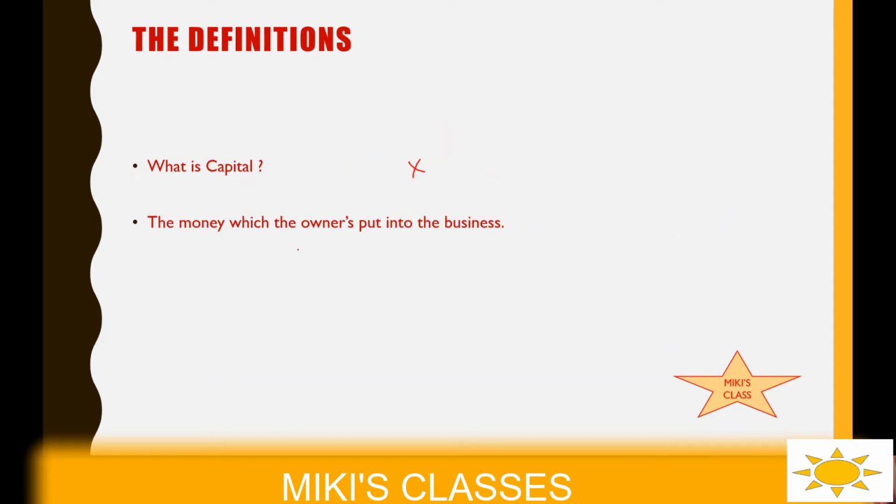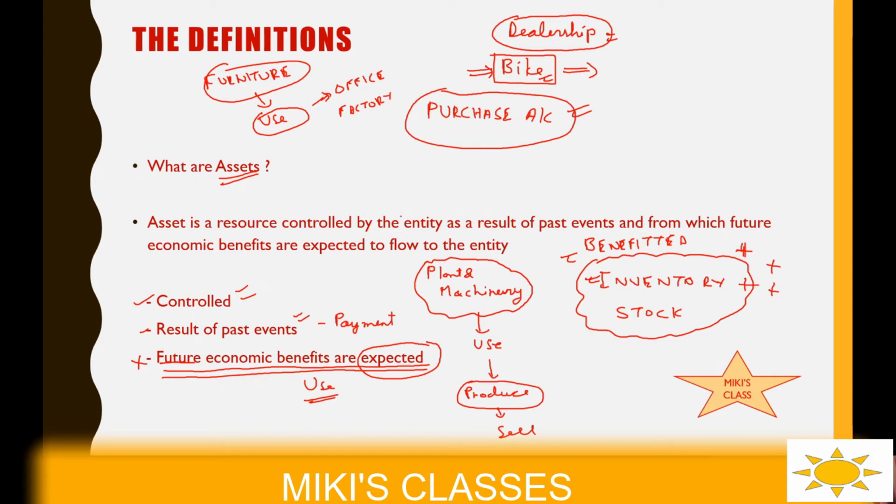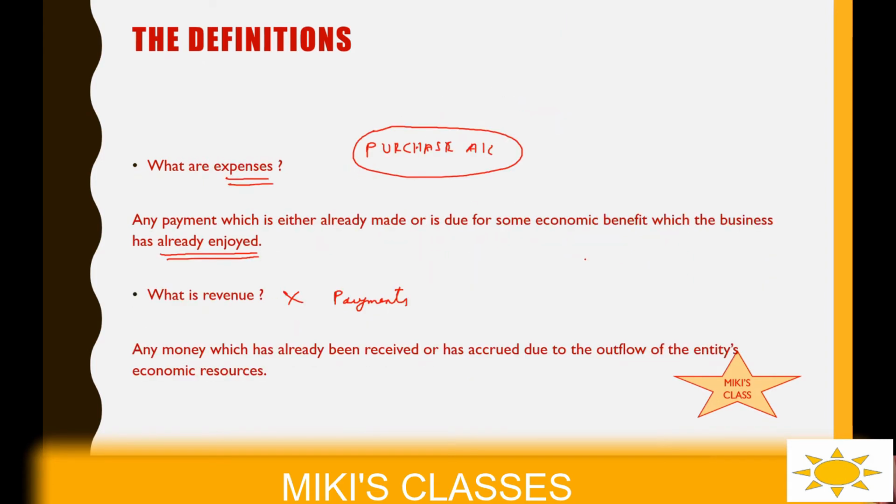So we discussed that this cannot be an asset because you've already benefited, right? In the case of expense, any payment which is already made, you've already made the payment to buy the bikes for your dealership.